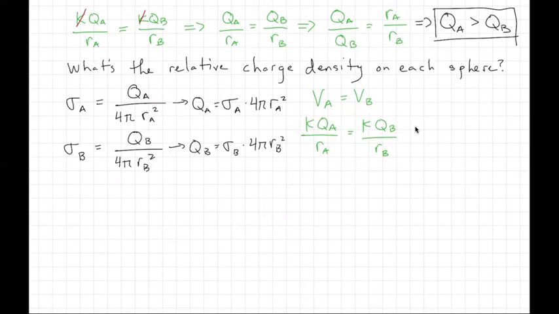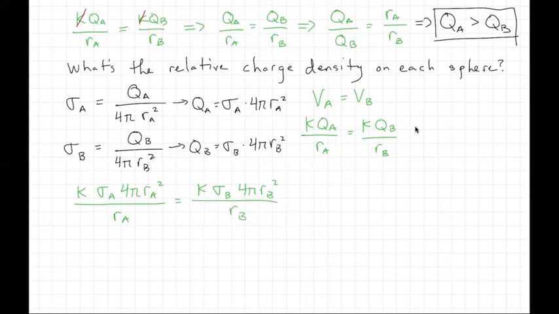And if I plug into my expression right here, then K times, substituting for QA, sigma A, 4 pi RA squared over RA is equal to K times, substituting for QB, sigma B 4 pi RB squared over RB. So I can cancel a bunch of stuff here. I can cancel the Ks. I can cancel the 4 pi's.